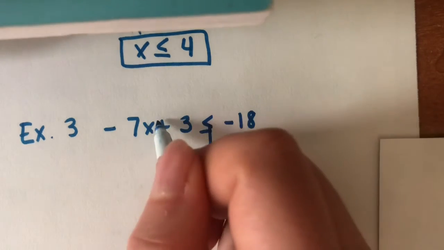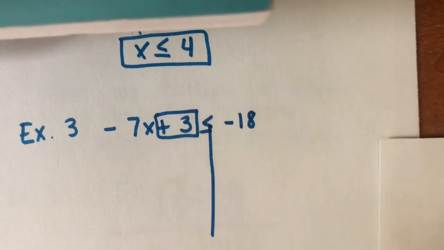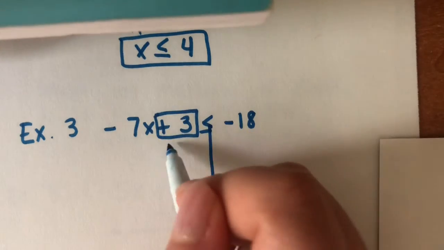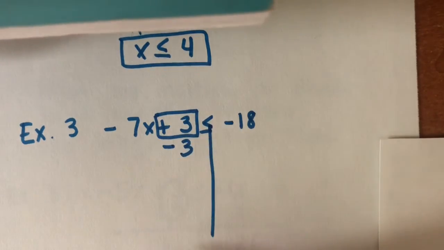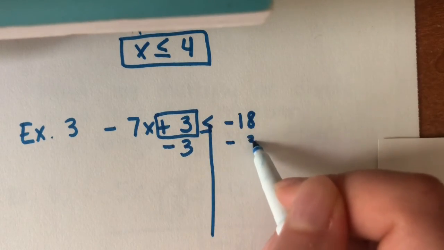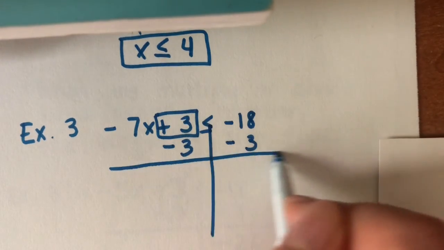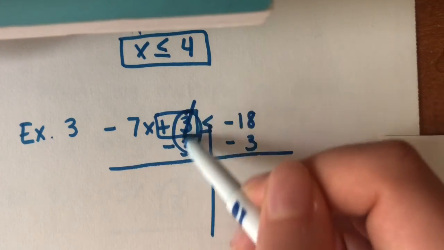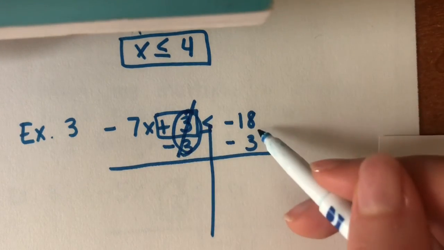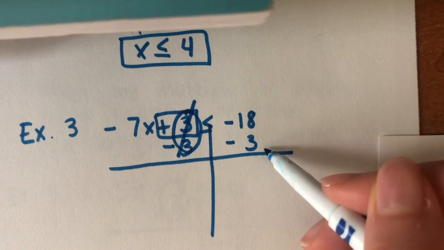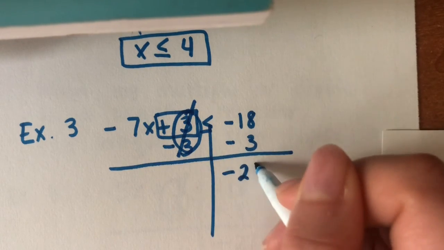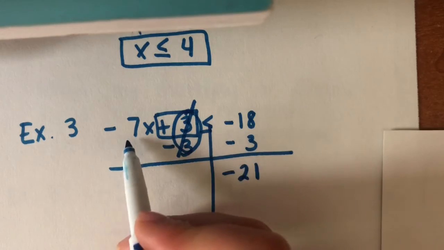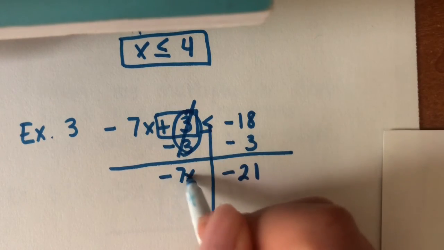My constant is positive 3. And I know I need to do the opposite of that, which is subtract 3. So if I subtract 3 on one side, I need to subtract 3 on the other side. So plus 3 minus 3, that cancels out, gives me a 0. On this side, I have negative 18 minus 3, which is negative 21. And then on this side, I have negative 7x.